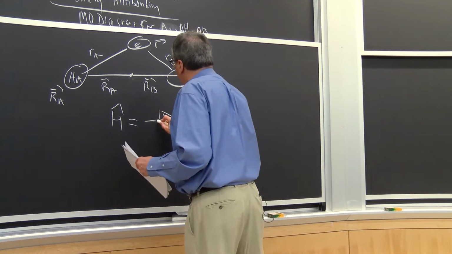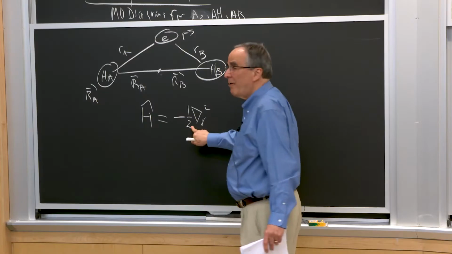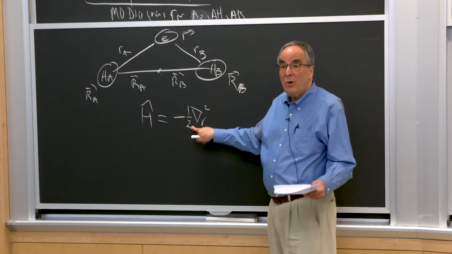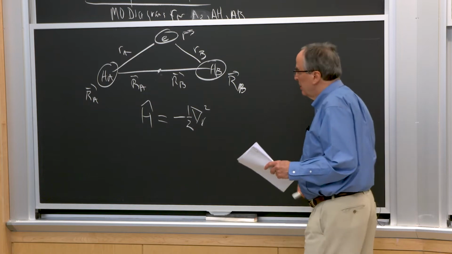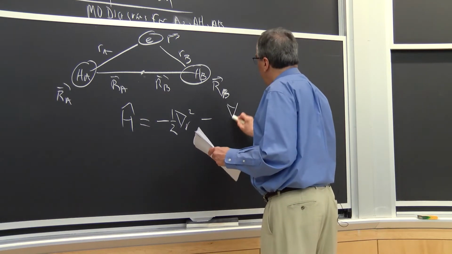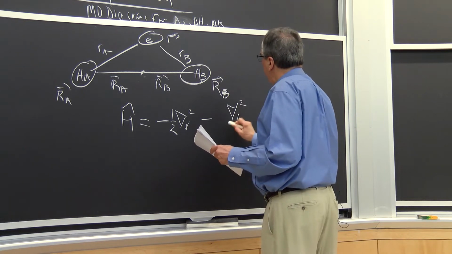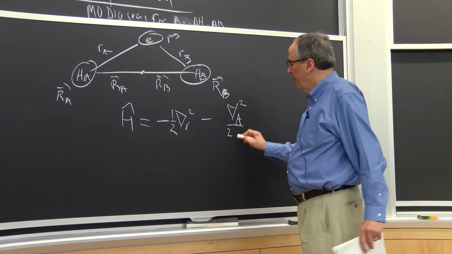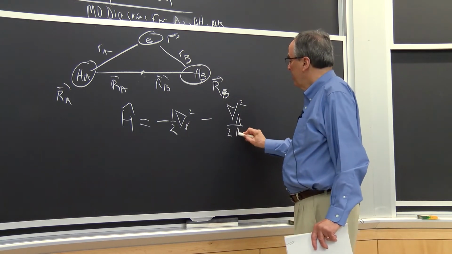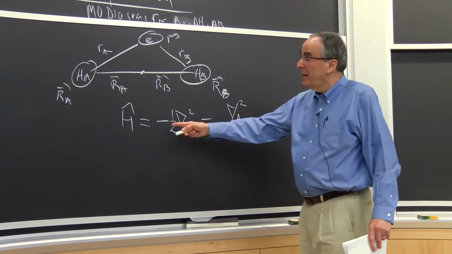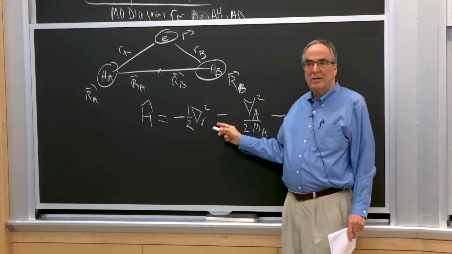And we have 1/2. And it's 1/2 because of atomic units and because the mass of the electron is treated as 1. And then we have a similar sort of term for nucleus A, and we have a 1/2 in atomic units, but we have the mass of A. And now the minus signs, why do we have minus signs here?